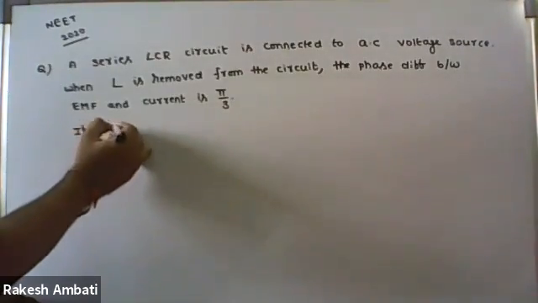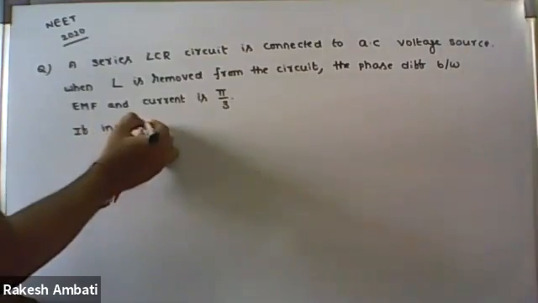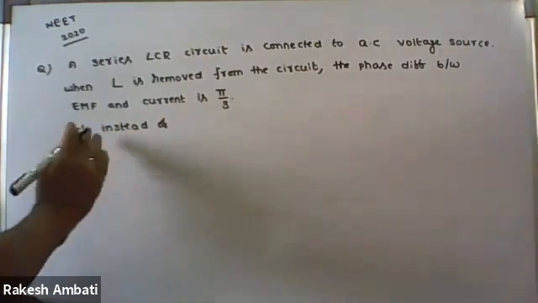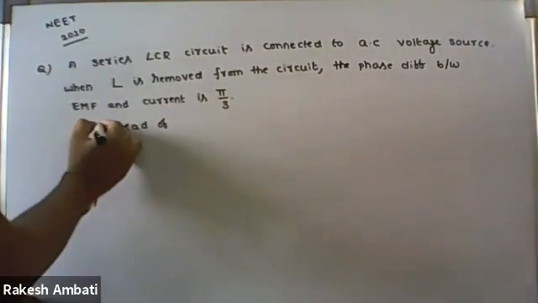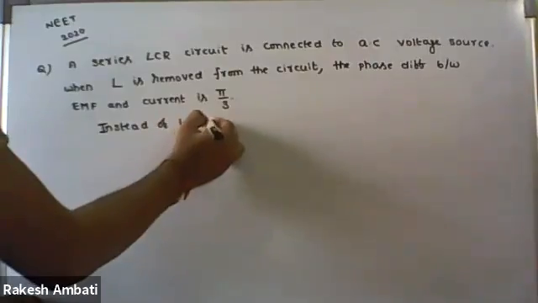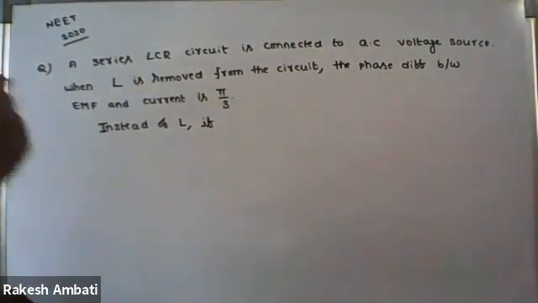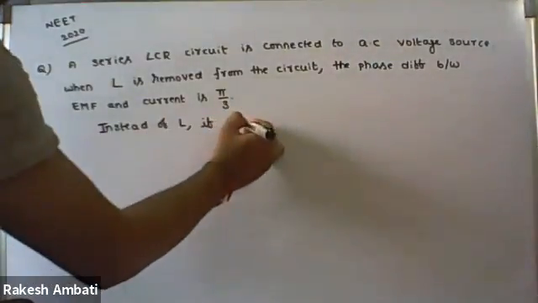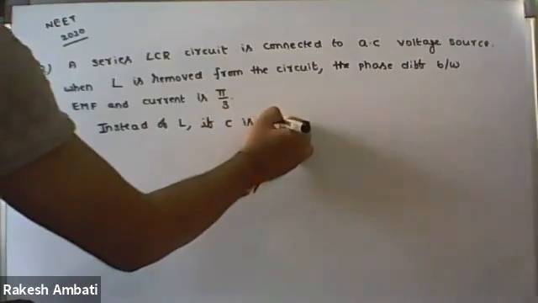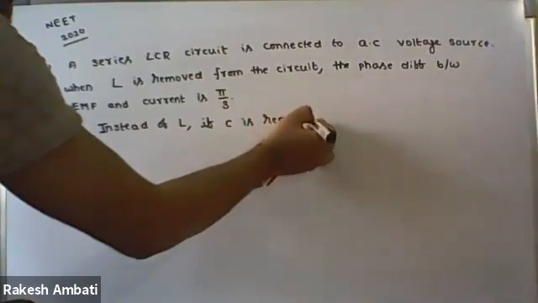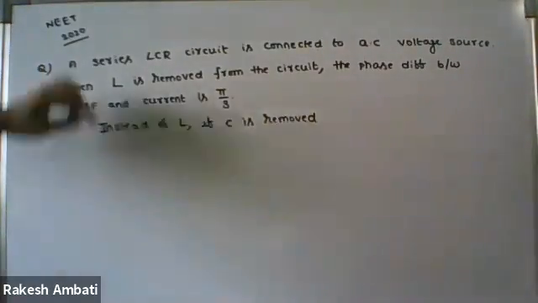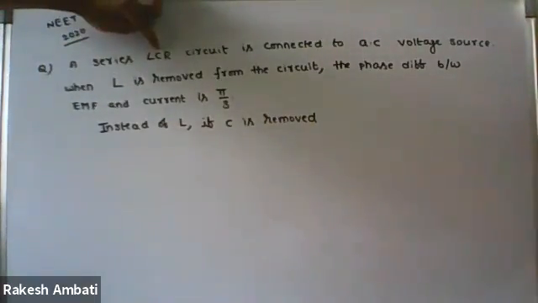Instead of L, if C is removed, please answer. If C is removed, the circuit behaves as an LR circuit.